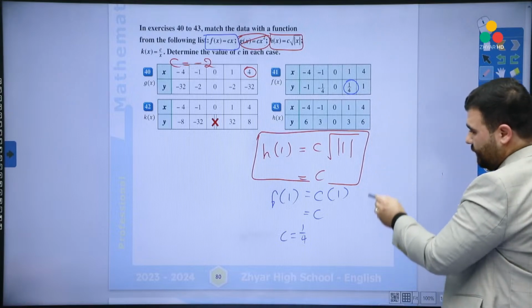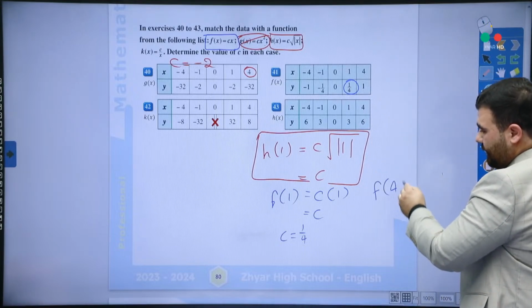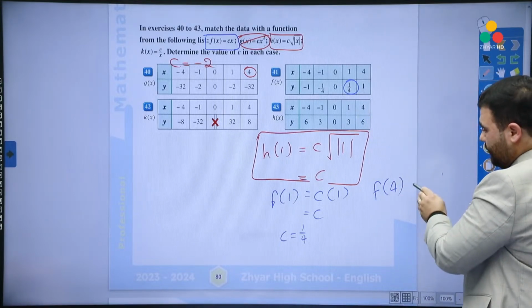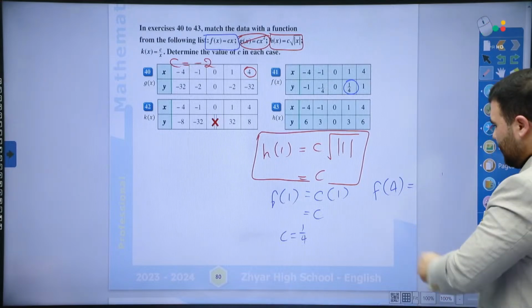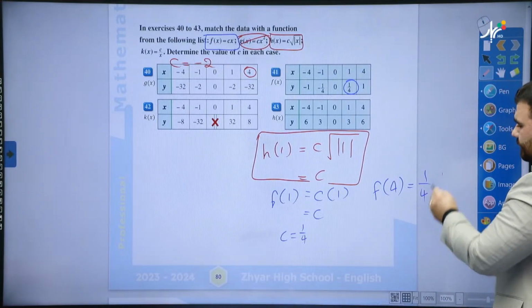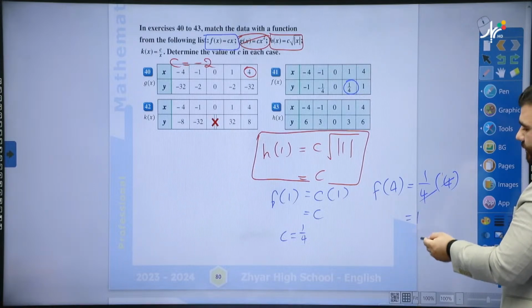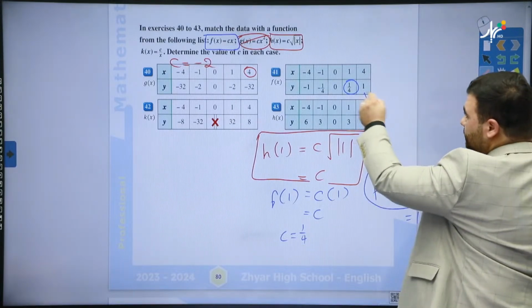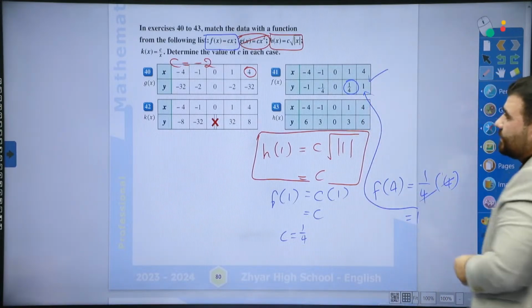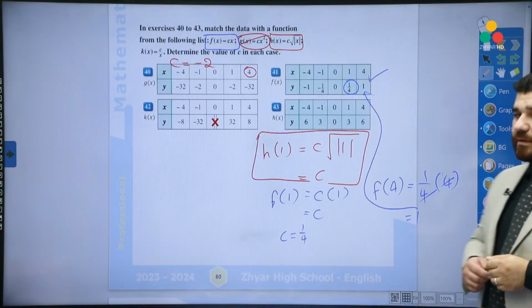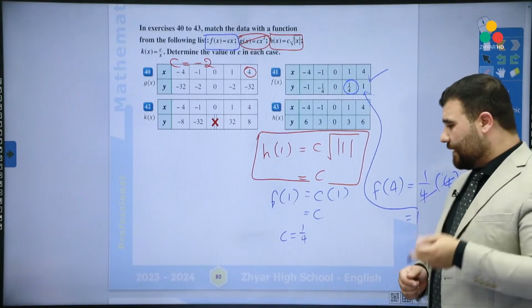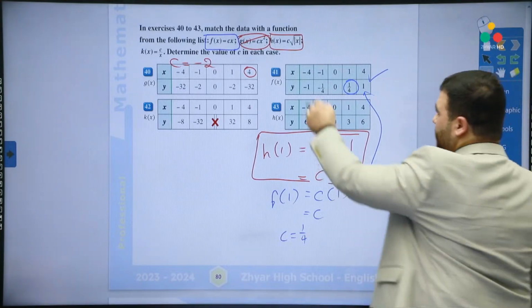Now when x is 4, f of 4, according to what I know, is equal to c times 4. c is 1 over 4 times 4. 1 over 4 times 4 is equal to 1. Then this one is true. This is telling me this table belongs to f, and the value of c is 1 over 4.